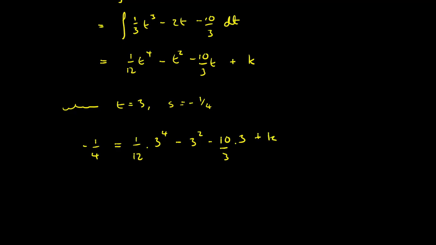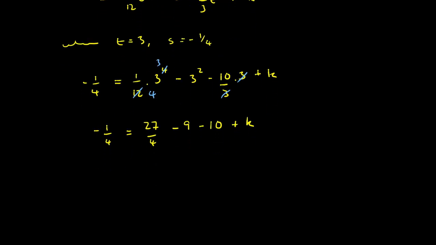So let's try to simplify it. That 3 cancels with that, and we can divide top and bottom by 3. So that'd be 3 cubed, and that would be 4. So we get negative 1 upon 4 is equal to 3 cubed, which is 27 upon 4, minus 9 minus 10 plus k.